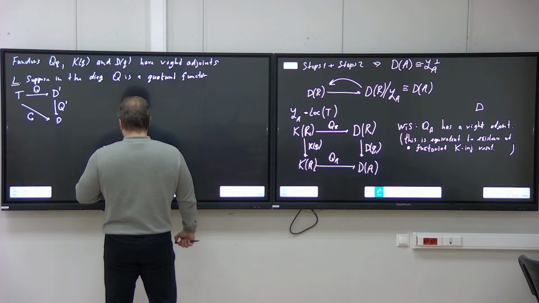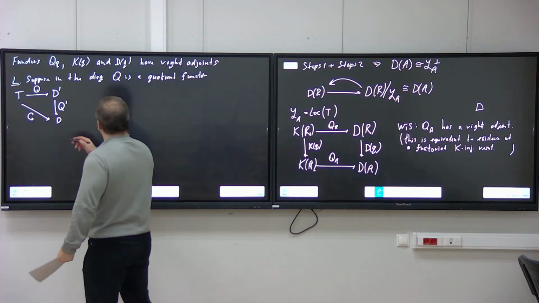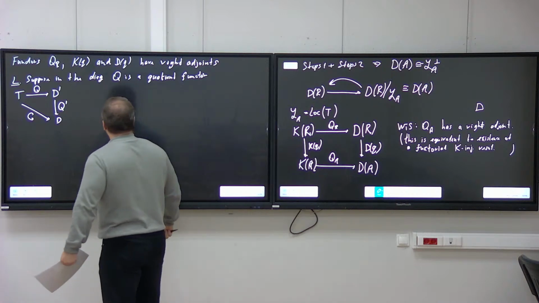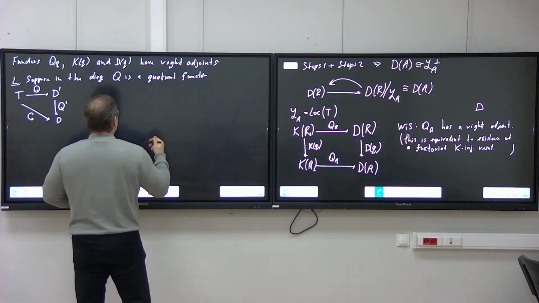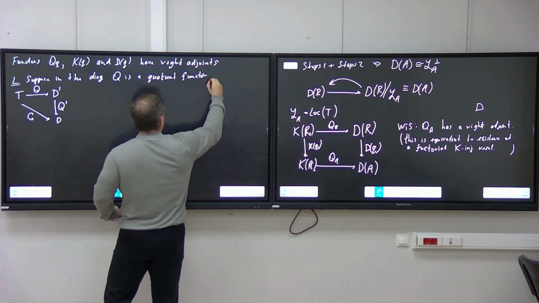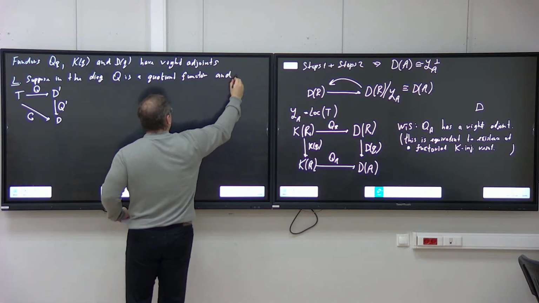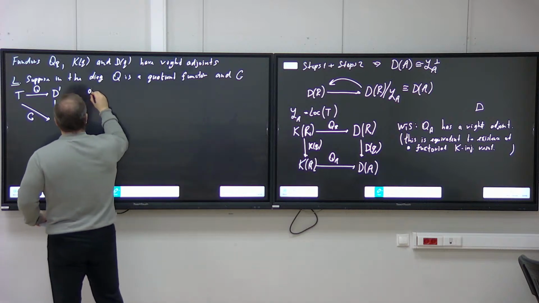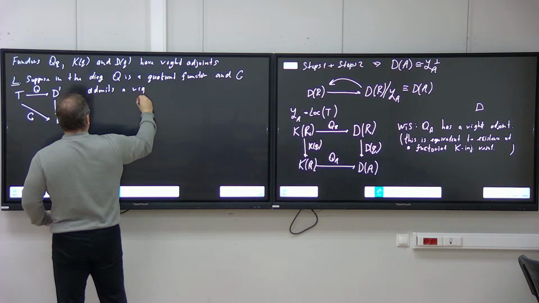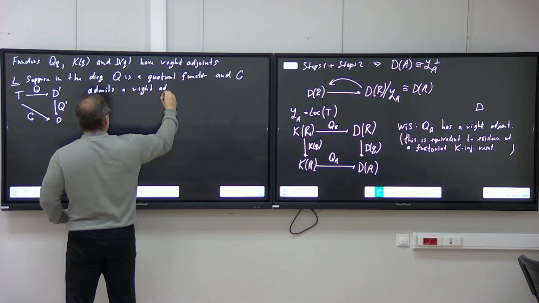Also, of course, in this diagram G is more or less the composition of these functors, which follows just from commutativity, and I want to assume that G admits a right adjoint.